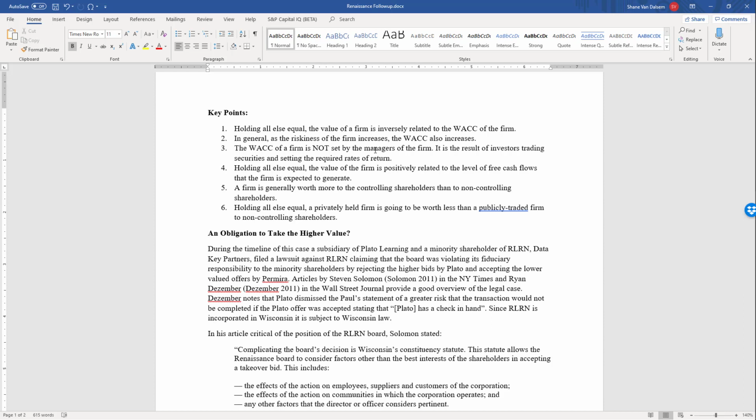And then the last point here: holding all else equal, a privately held firm is going to be worth less than the publicly traded firm to non-controlling shareholders. And this is where this liquidity premium comes in.